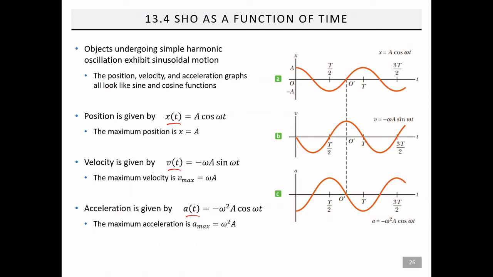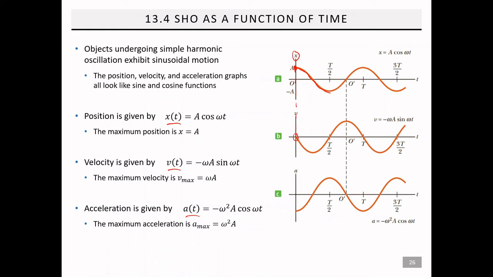Now quickly, let's look at the graphs just to see if they match with our expectations. So the top graph represents the actual position of the object, this x variable here. So the object starts at an amplitude point, and then the object moves toward the equilibrium point, and then toward the other amplitude point. Comparing with velocity, we know that at the amplitude point, the velocity should be 0, which it is.